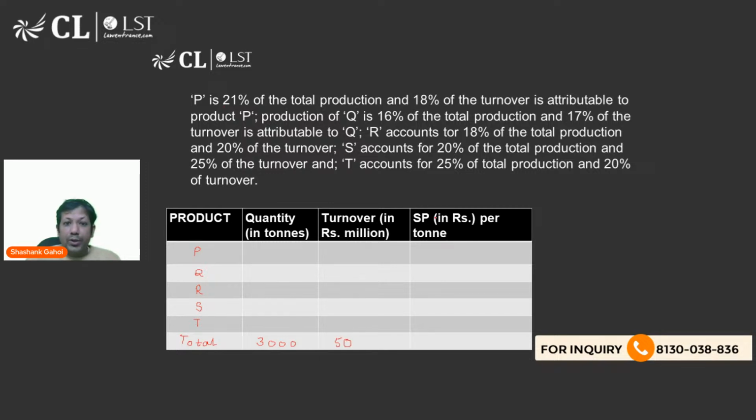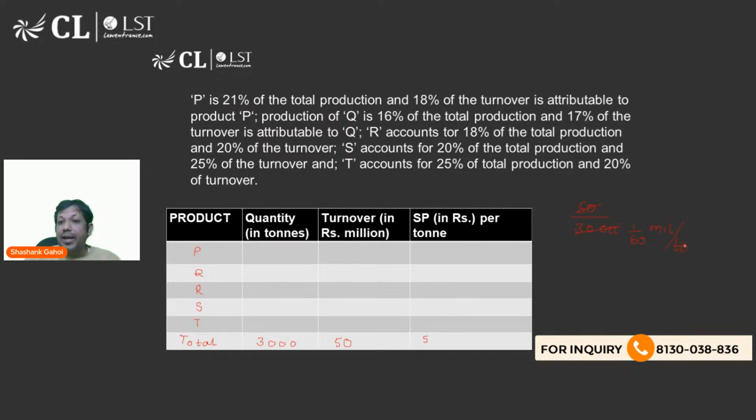Total selling price per ton is going to be 50 million divided by 3,000. So 50 million upon 3,000 is going to be 1 by 60 million per ton.